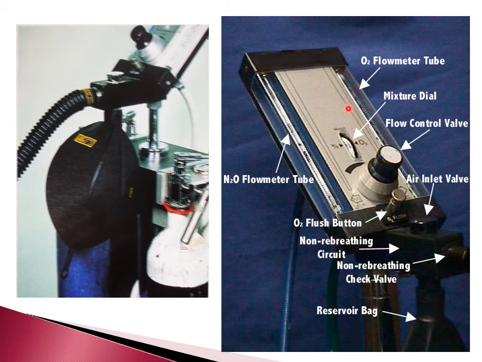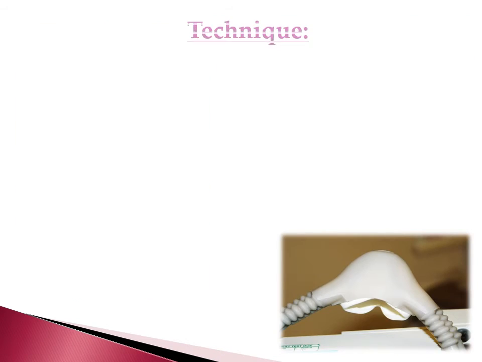This is the mixture dial, flow meter tubes, this is the reservoir bag, and this is the cylinders. Light piece of nose, the light piece mask is put into the nose.